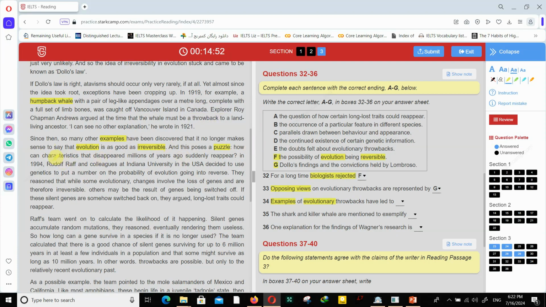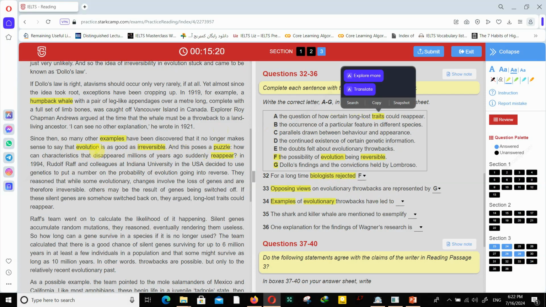How can characteristics that disappeared millions of years ago suddenly reappear? This poses a puzzle. Poses a puzzle means poses a question. Okay, so the question of how certain long-lost traits could reappear.